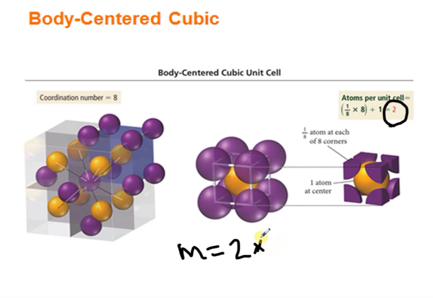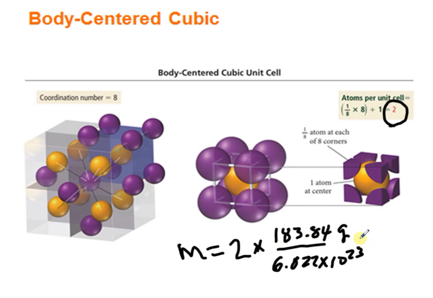And that, of course, is going to be the molar mass, 183.84, divided by Avogadro's number, because this is in grams, and Avogadro's number gives us the number of atoms in that mass. So 6.022 times 10 to the 23 would be the number I have to use, and this would give me the mass of this cell, right?